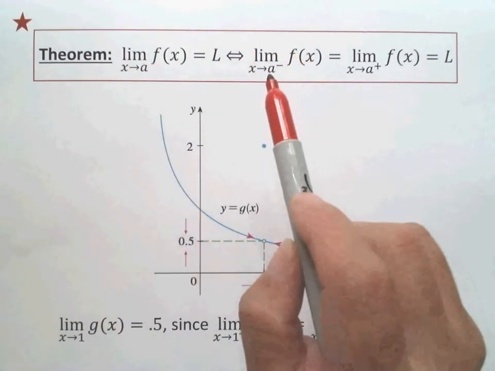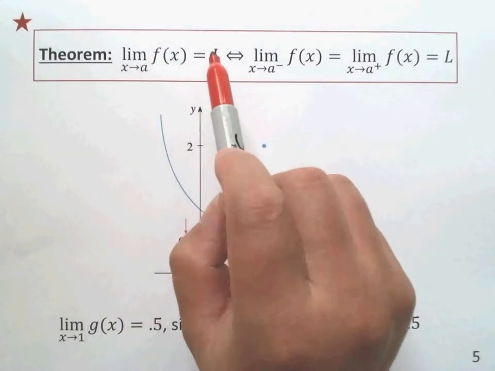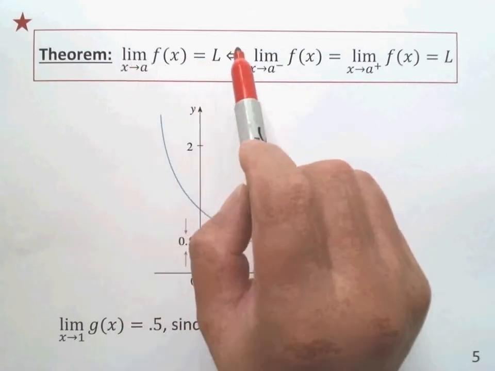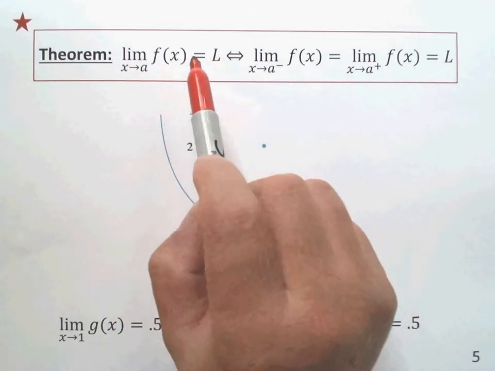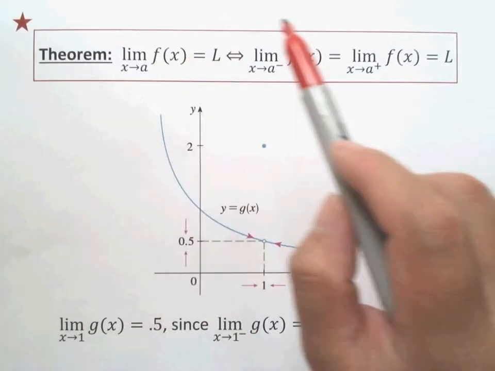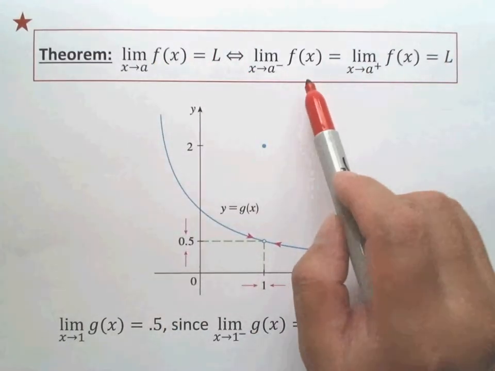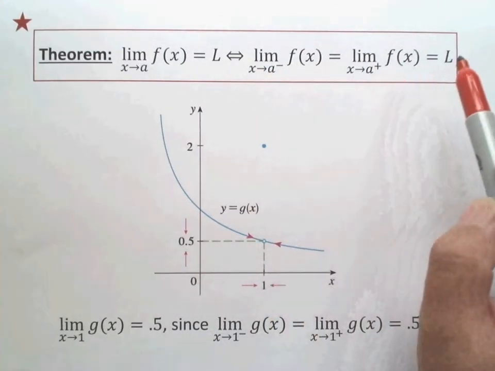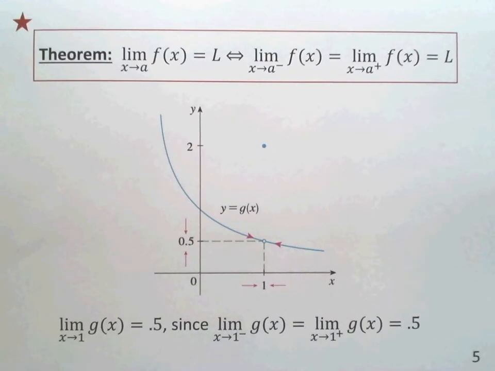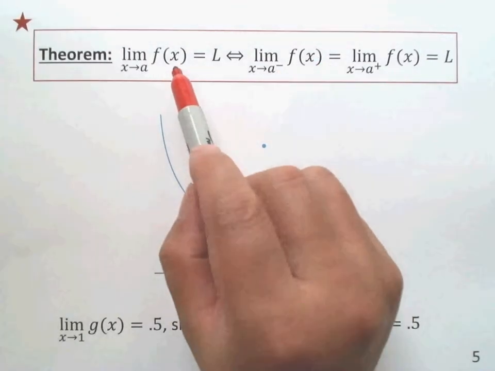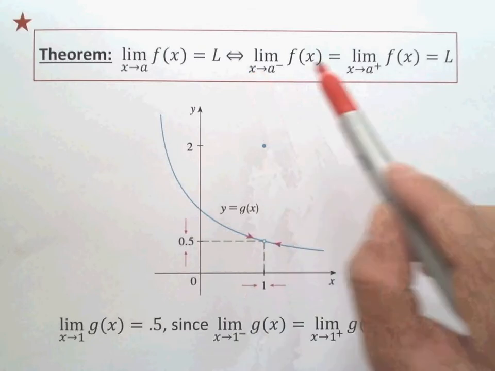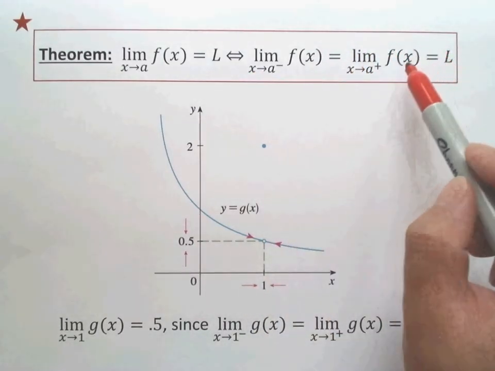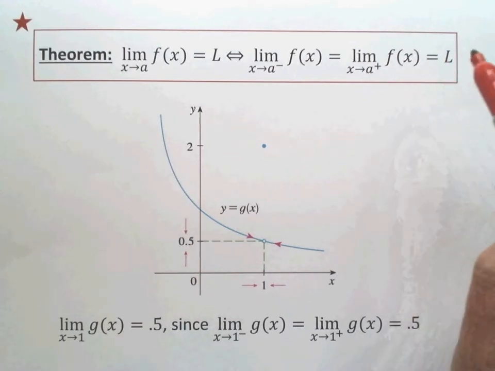If both approach L, we have the limit equals L. If either one does not equal L, we don't have the limit equals L. The condition is that the left-hand limit equals L and the right-hand limit also equals L, both the same.